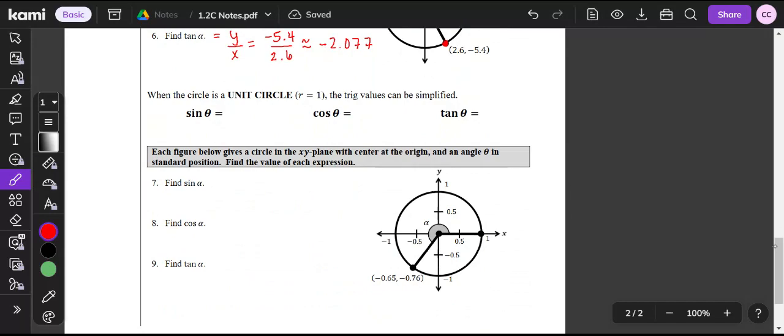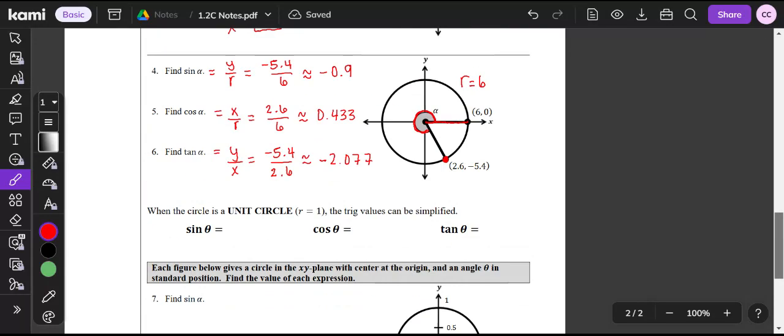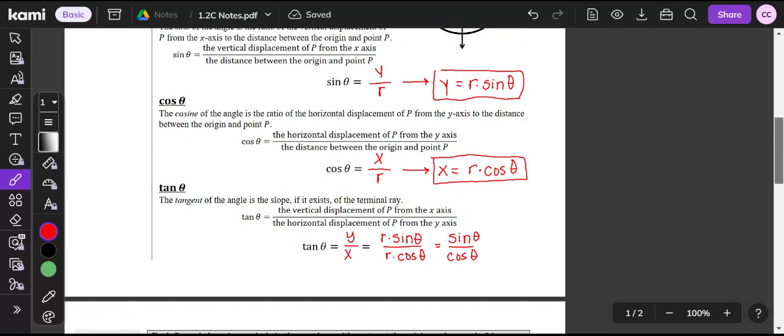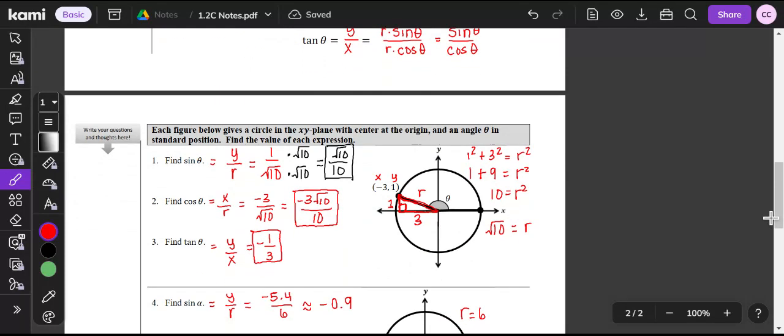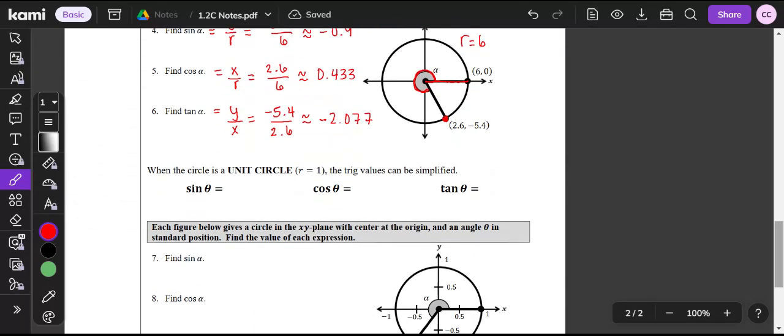Okay, now let's talk real quick about the unit circle. This should just be review since we already kind of talked about it in the last couple of videos. But just to refresh you, if you go up here to sine, sine is equal to y divided by r. And of course, in the unit circle, we know r is equal to 1.